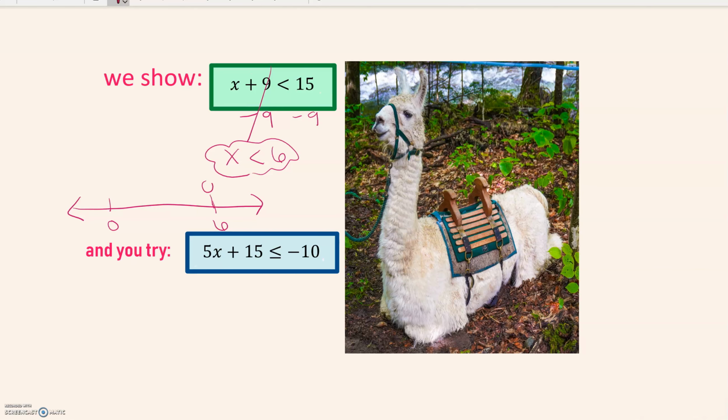So I'm going to write an open circle right above the 6. If x is less than 6, that means that any of the numbers that are less than 6 makes that statement still true. So we draw the arrow showing you that anything less than 6 is true.